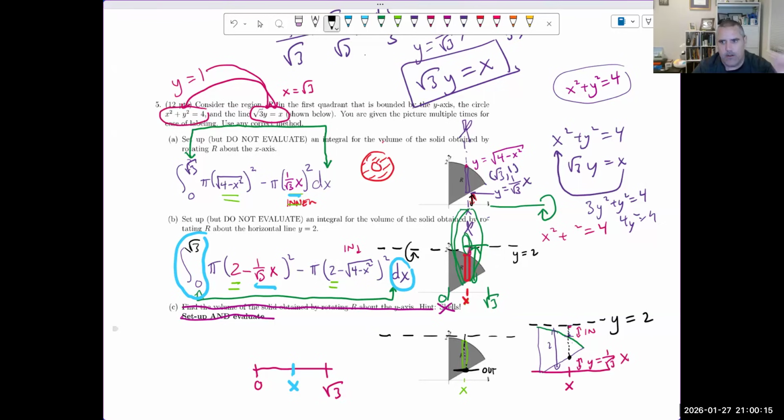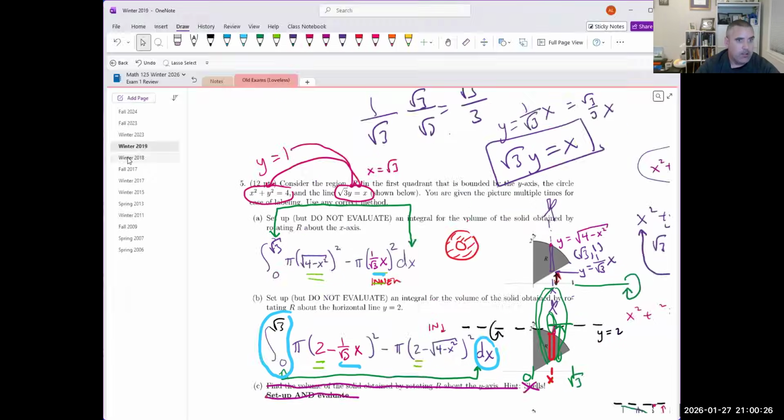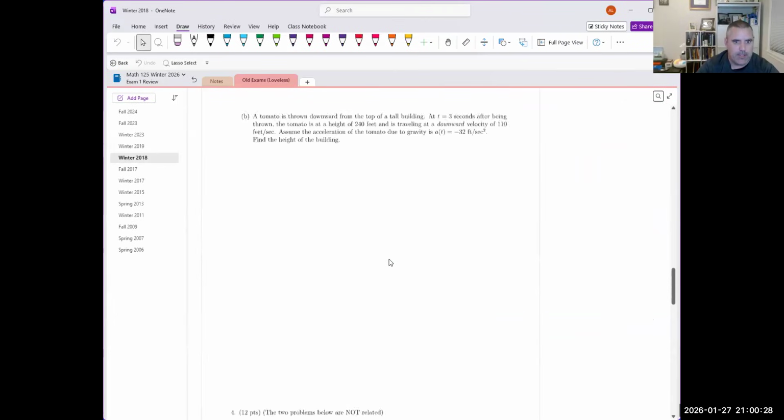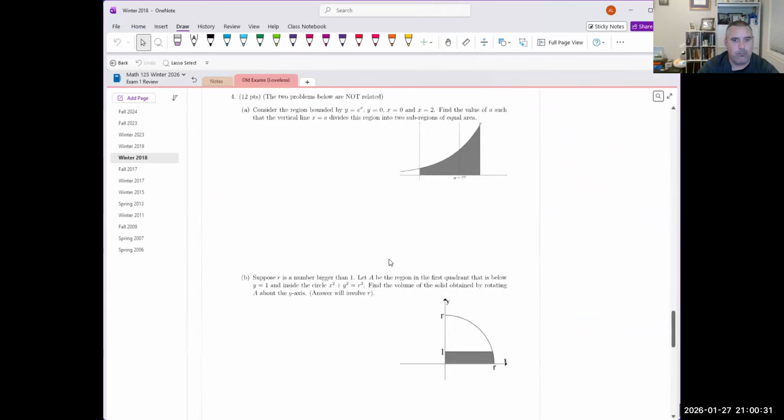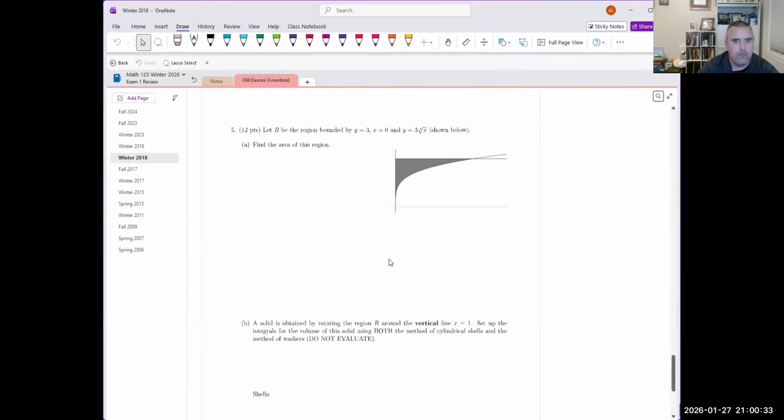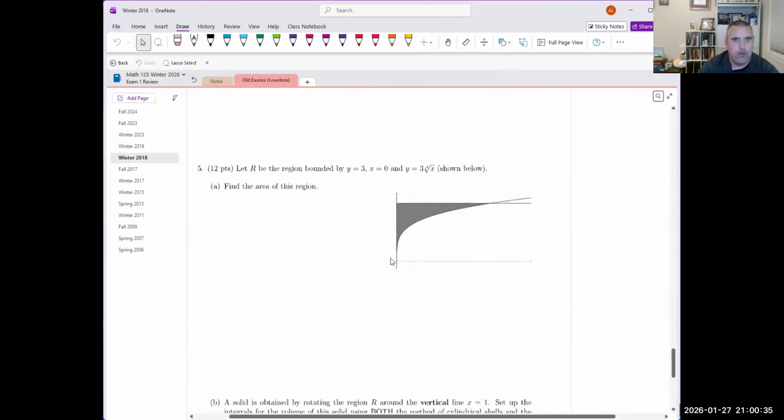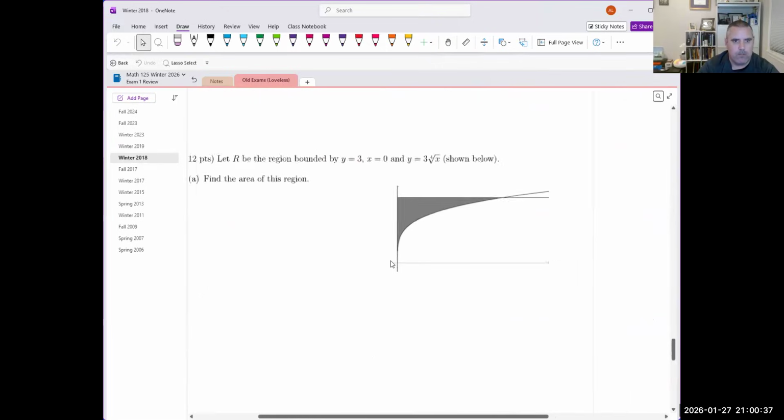Let's immediately do another volume because I think it's a particularly unusual region as well. So that's, I would say, on the more complicated end. So here we go. I didn't look at the list. I apologize. Here's a region.